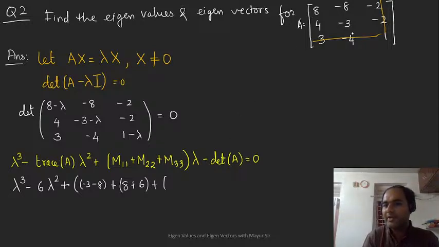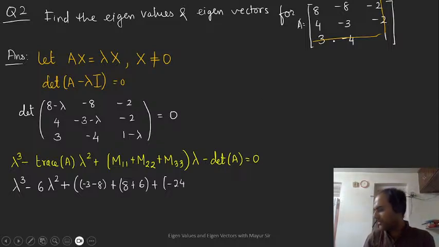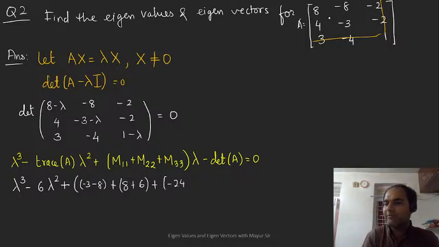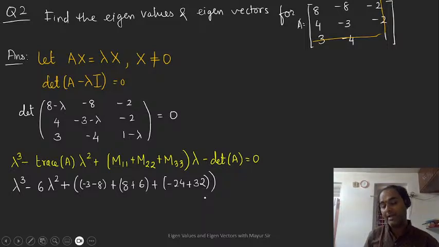So 8 threes are 24, so minus of 24 you will get, 8 into minus 3, and there is minus of 8 and 4, so 8 fours are minus 32 here you will get, and minus of minus will make it plus, so here it is plus 32. Alright, quite a big number.